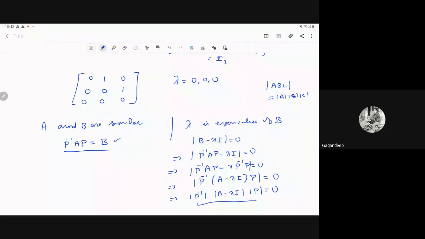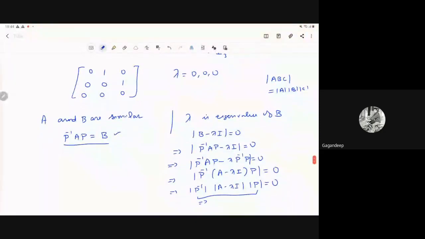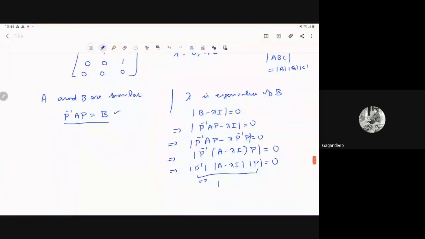You get determinant of P P inverse, that is the determinant of the unit matrix. What is the determinant of a unit matrix? 1. So you are left with only determinant of A minus lambda I equal to 0. What does it mean? Lambda is an eigenvalue of A, because this is the characteristic equation of A. So A and B both have the same eigenvalues.